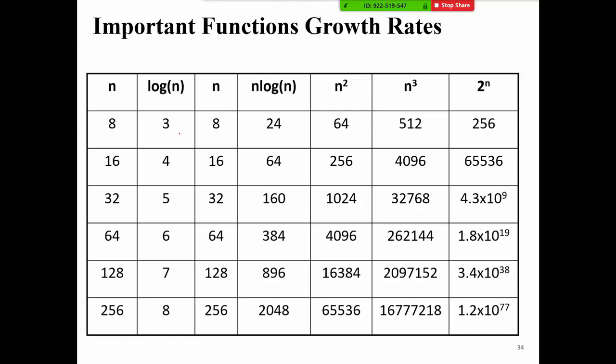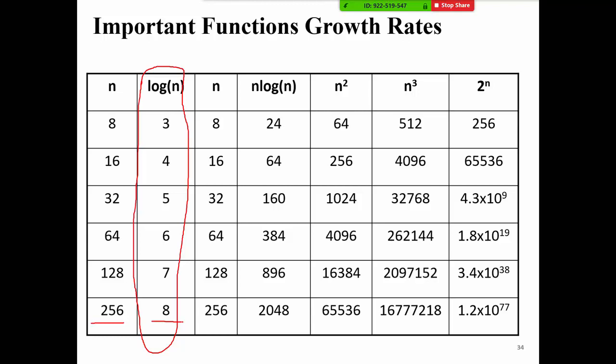So if you have a logarithmic running time, look at this column. You are running the algorithm very fast. Even if you have 256 elements inside your array, you're running 8 units of time if your algorithm has a logarithmic time complexity.